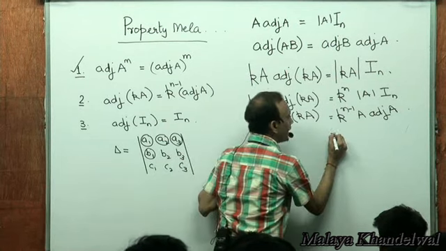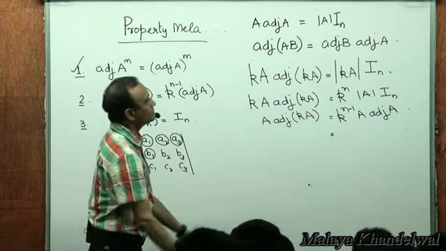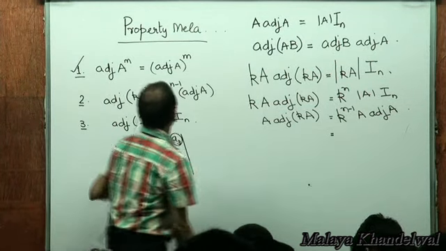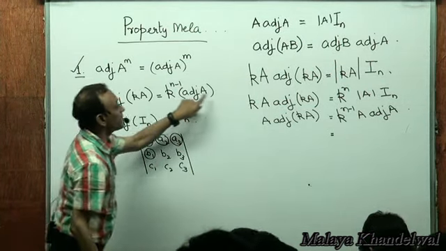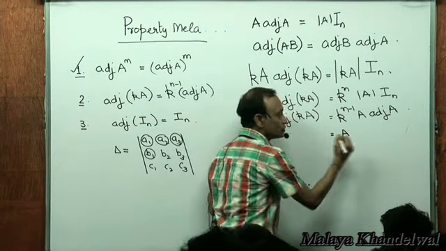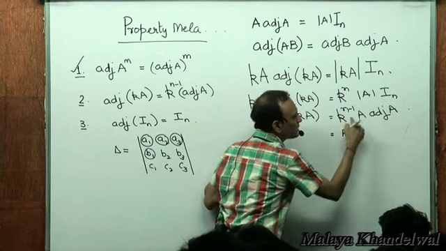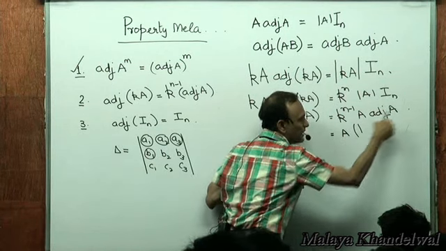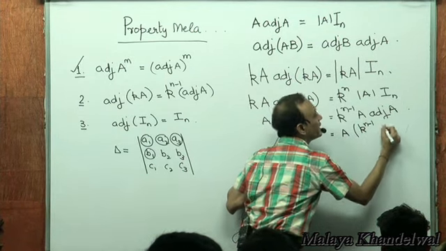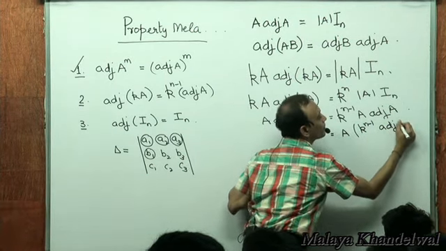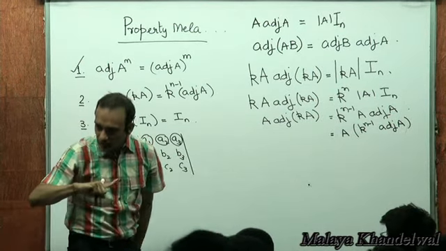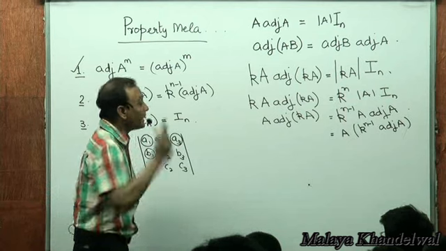So what we need to show is K to power n minus 1 adjoint A. You could have written this as A into, now this K to power n minus 1 can get multiplied with this matrix, so K to power n minus 1 adjoint A. That's an acceptable proposition, right?